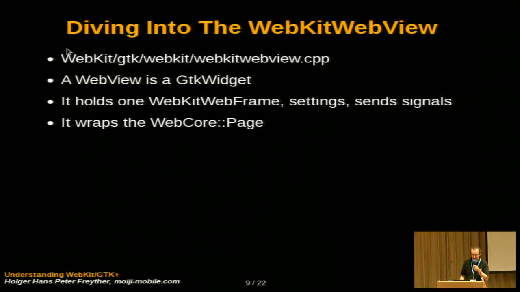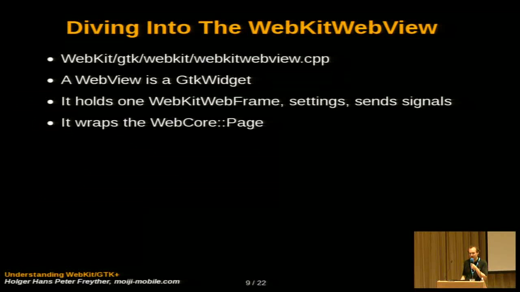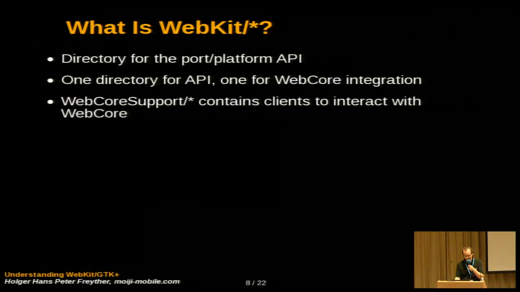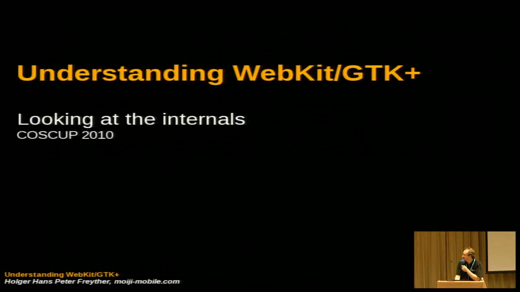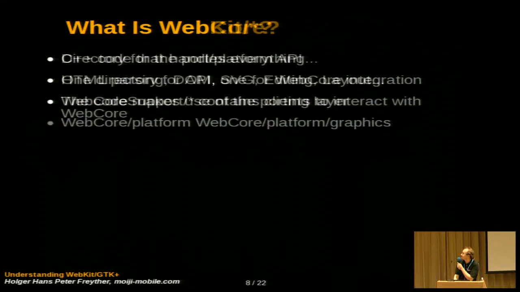And so the WebKitWebView in our port is responsible for giving users of our library a way to easily embed an HTML component. Sorry, getting out of sync with my two views.